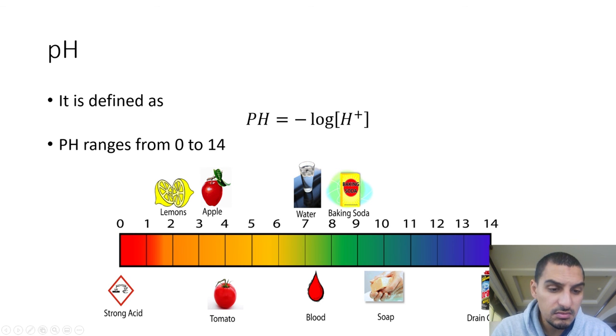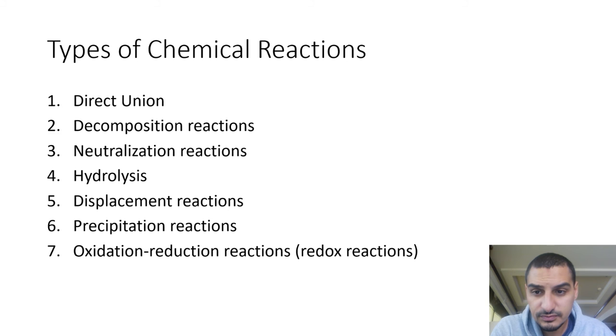So this is the most alkaline place on the scale, and this is the most acidic place on the scale. Here we see the strong acids, and then the lemons, the apples, the tomatoes, and then water at 7. When pH is 7, it's the neutral value. Here we see the baking soda, blood, soap, and at the end the drain cleaner.